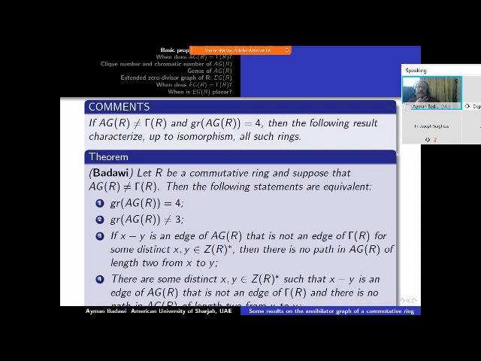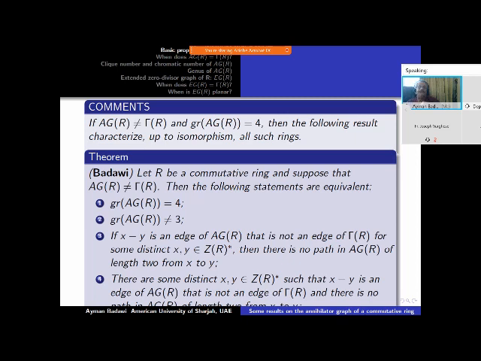You can read that. If xy is an edge of the annihilator graph that is not an edge of the zero divisor graph, then there is no path in the annihilator graph of length 2 from x to y.